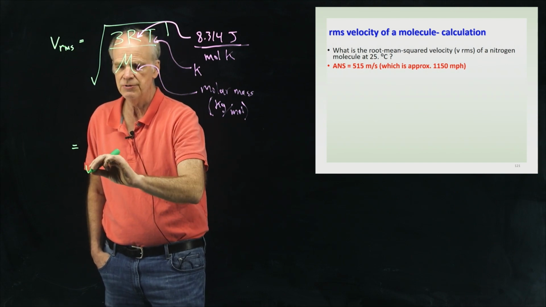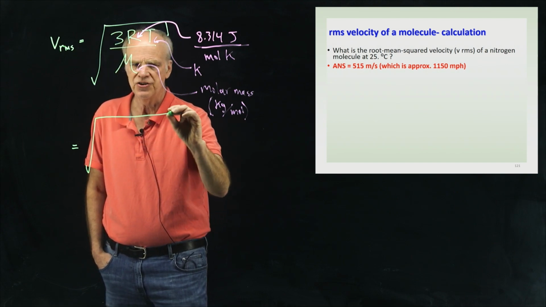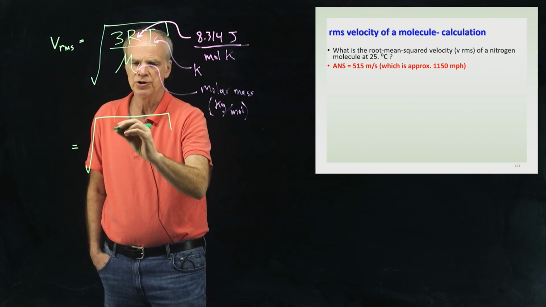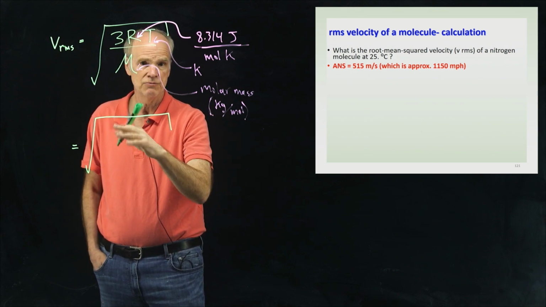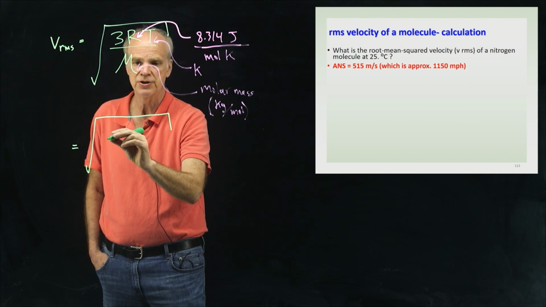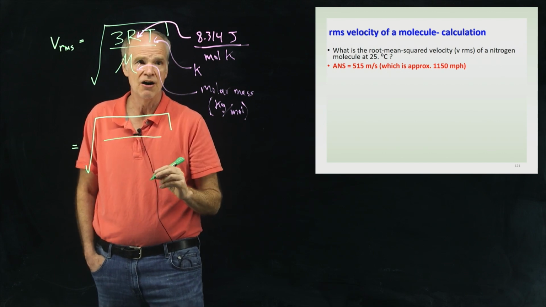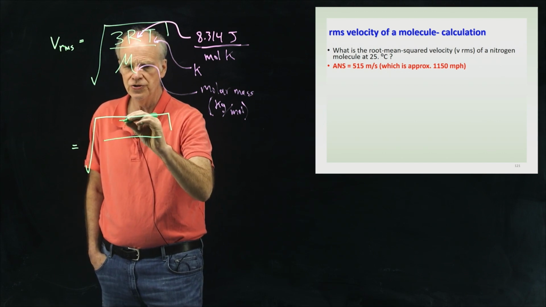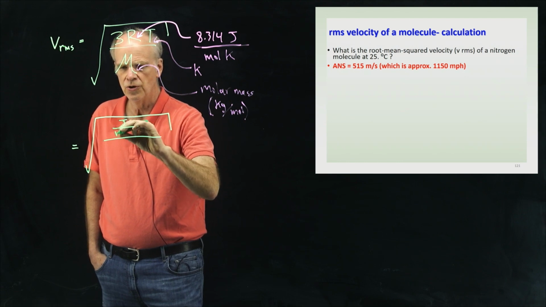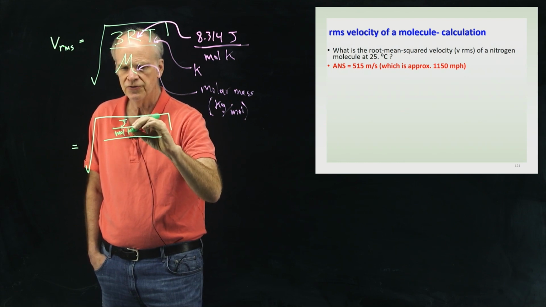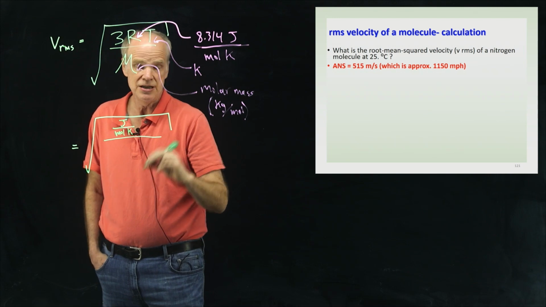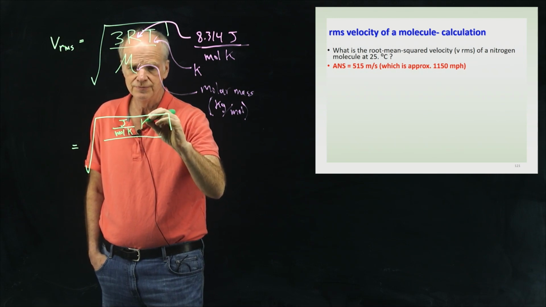Okay, so here we go. We have a square root, and we're going to have a 3 here. We're only going to be talking about units, so I'm going to leave out the 3. And so what is R here? R is joules over moles times Kelvin. And then T is Kelvin, that will be in the numerator.